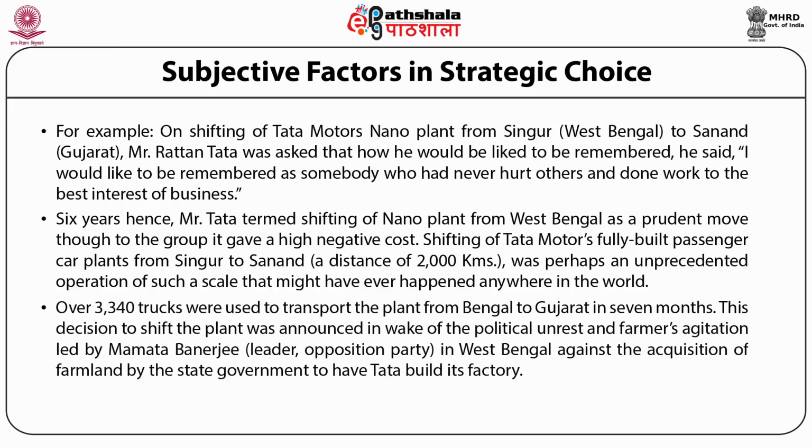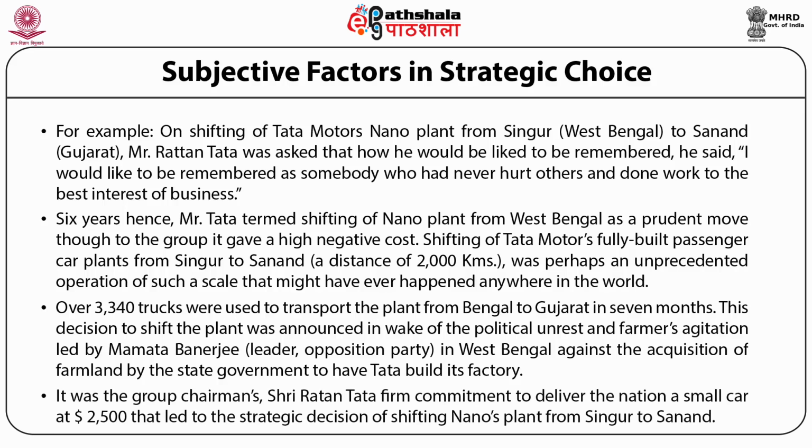Shifting of Tata Motors' fully built passenger car plant from Singur to Sanand, approximately a distance of 2,000 kilometers, was perhaps an unprecedented operation of such a scale that might have ever happened anywhere in the world. Over 3,340 trucks were used to transport the plant from Bengal to Gujarat in 7 months. This decision to shift the plant was announced in the wake of political unrest and farmers' agitation led by Mamata Banerjee, leader of the opposition party in West Bengal, against the acquisition of farmland by the state government to have Tata build its factory.